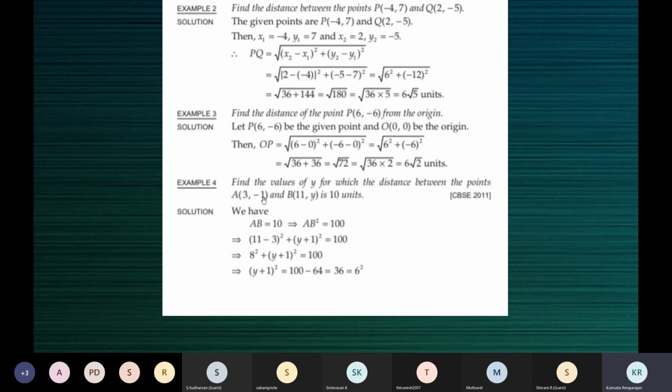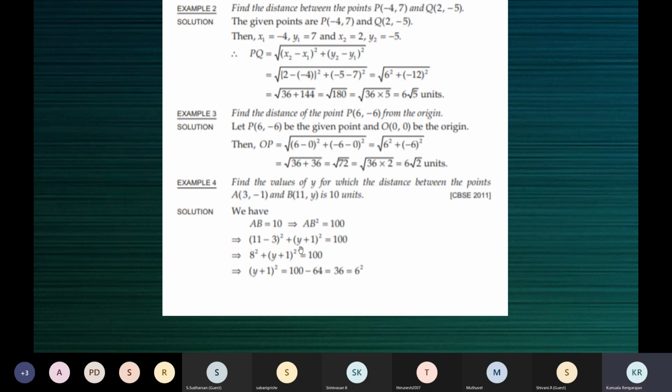Plus, we have 2 y coordinates, minus 1 and y. Subtract in any order, so it will be y plus 1, or you can write minus 1 minus y, the whole square.